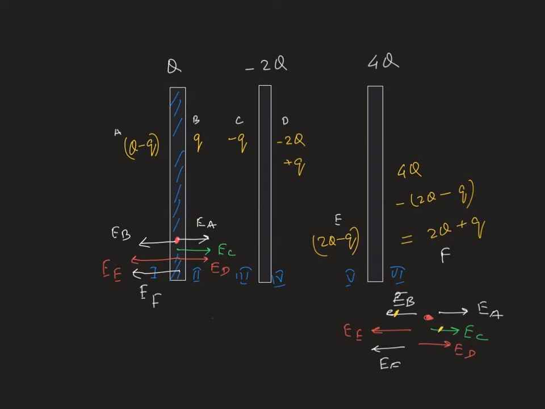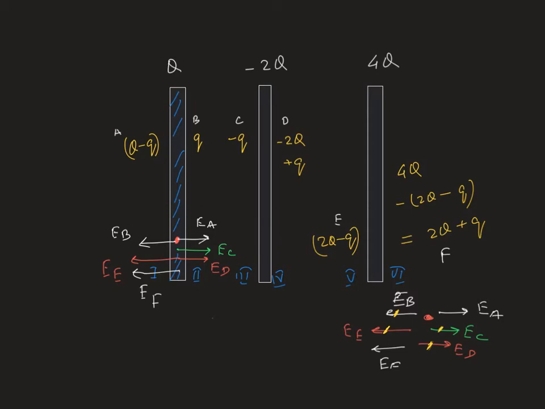Likewise, the field due to D and field due to E are definitely equal and opposite, and you can see they are opposite in direction. Field due to D is towards right and field due to E is towards left, so there is definitely a cancellation there.